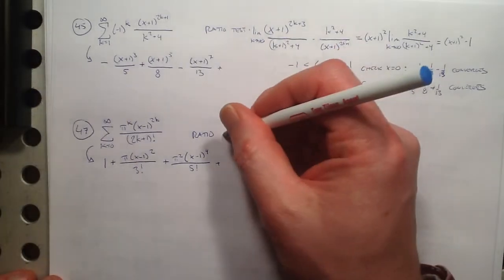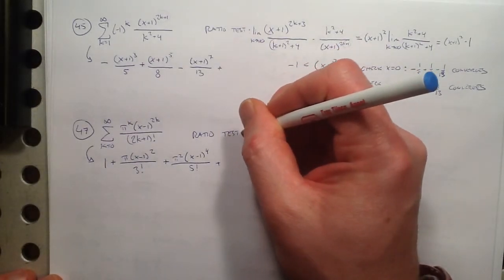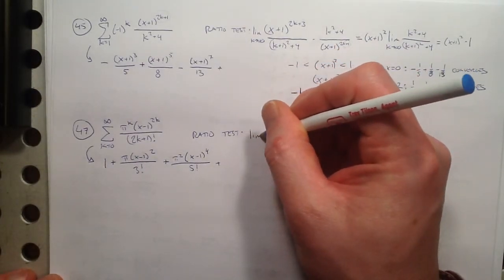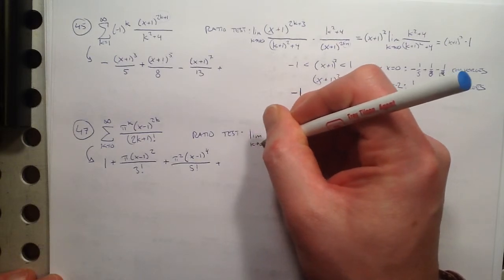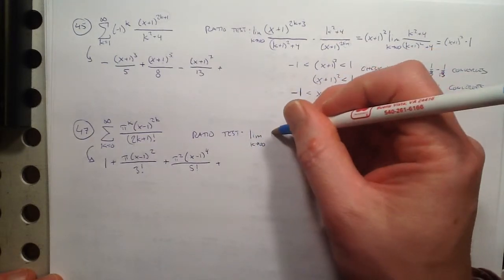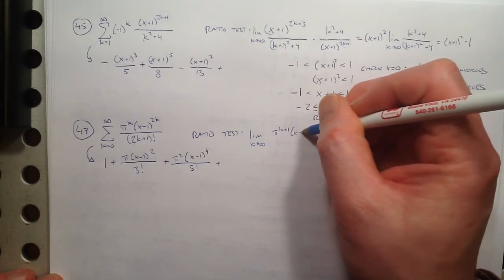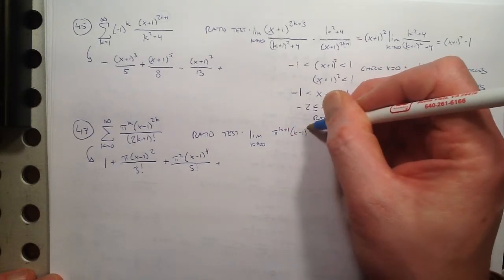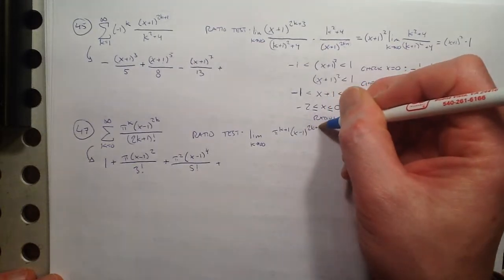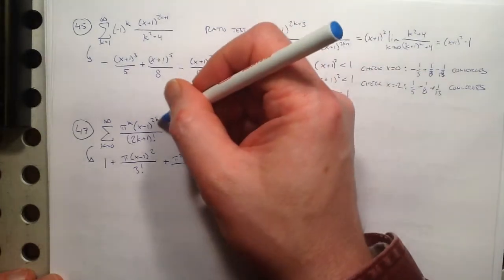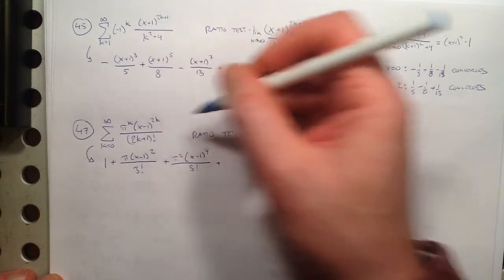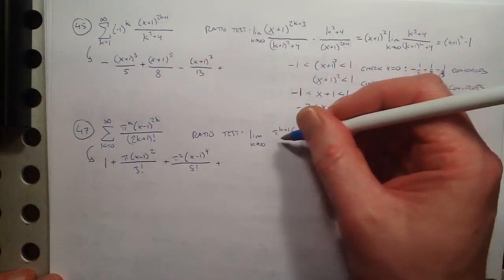Okay, in the ratio test, we think, based on our experience, this is going to converge everywhere. Let's see if we can demonstrate that. When you plug in k plus 1 here, the 2 distributes through it, and you get 2k plus 2.